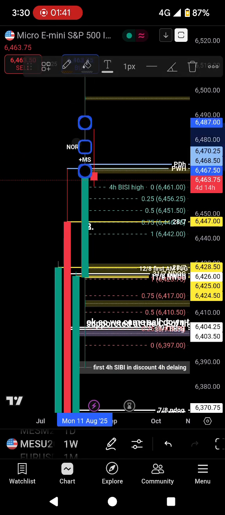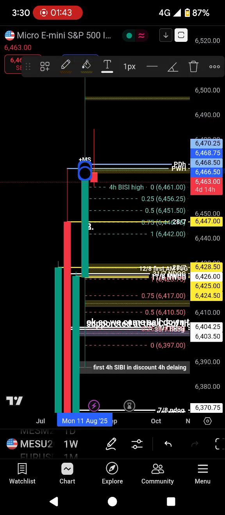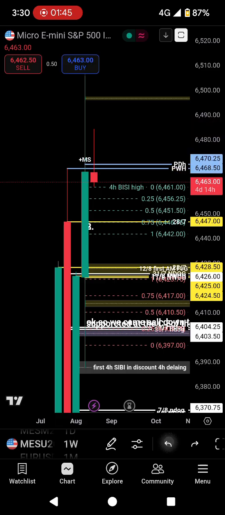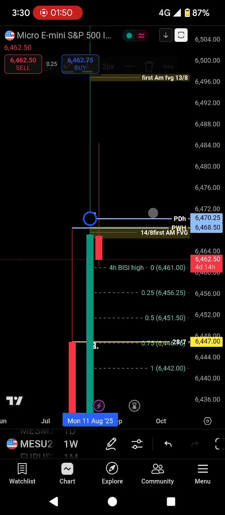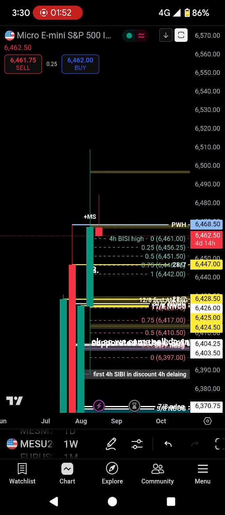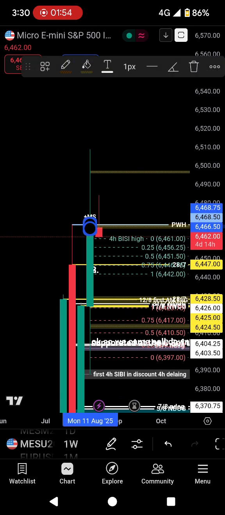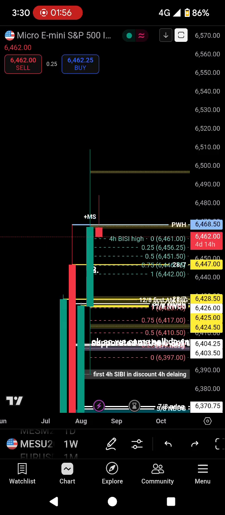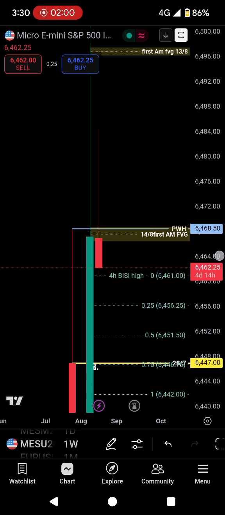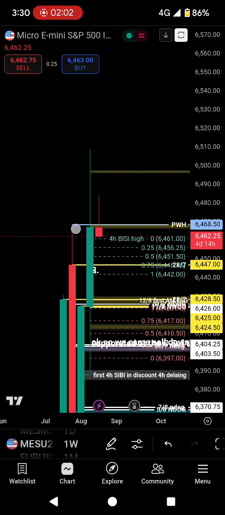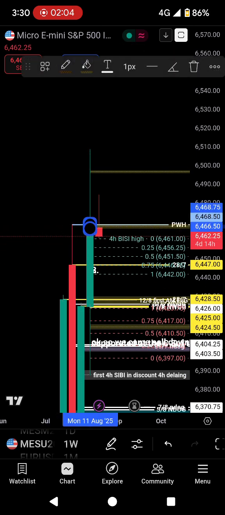Okay, so anyway, this is the weekly chart. And first of all, what we're gonna do is this. Okay. So on the weekly chart, this is the previous 2 week high. So we shall change it.